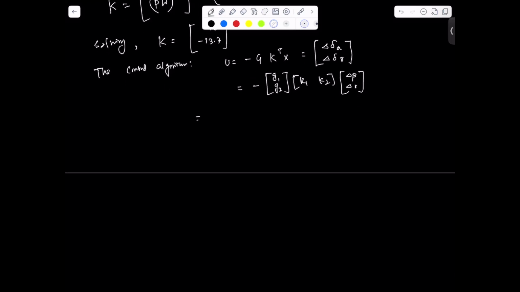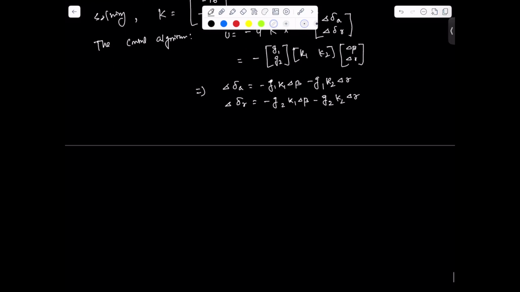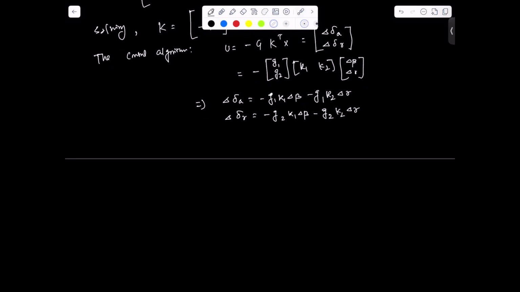And if you find the equation form, so delta A, we can write minus G1 K1 delta beta minus G1 K2 delta R, and delta R equal to minus G2 K1 delta beta and G2 K2 delta R. So these are the control algorithms for this system.